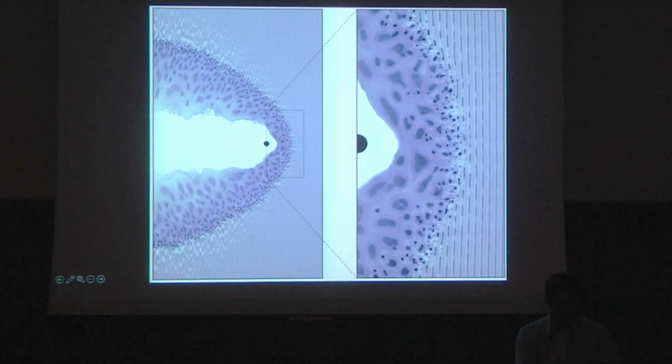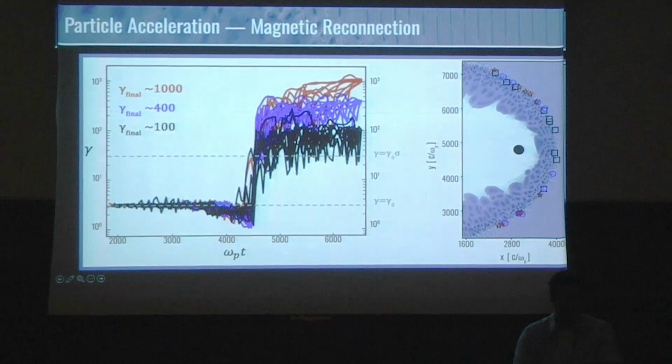One of the beautiful things about these simulations is that we're able to track all of these particles over time. We've used a lot of compute time to model these particles, and one of the luxuries of doing that is that we have information about each individual particle.